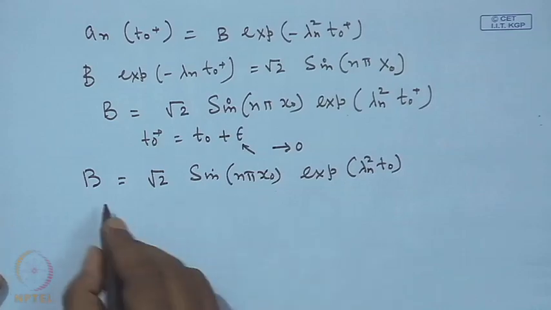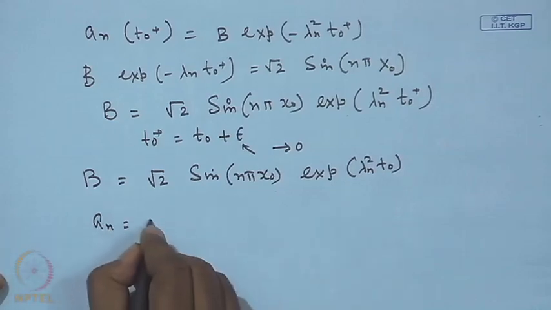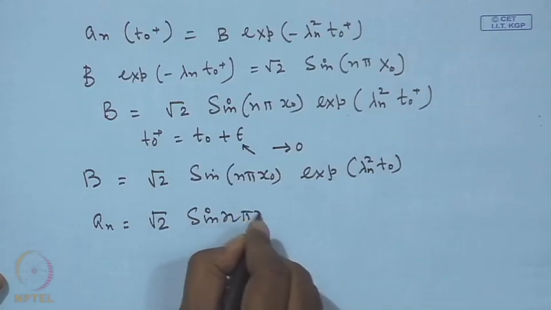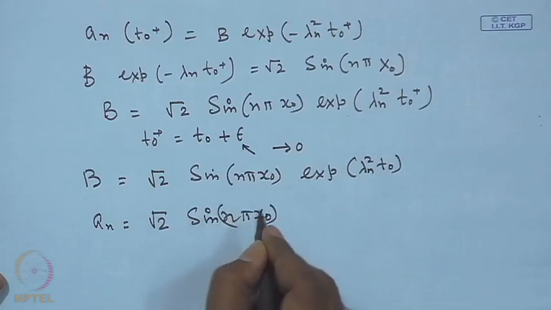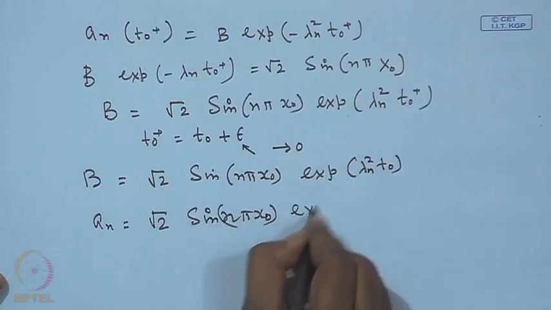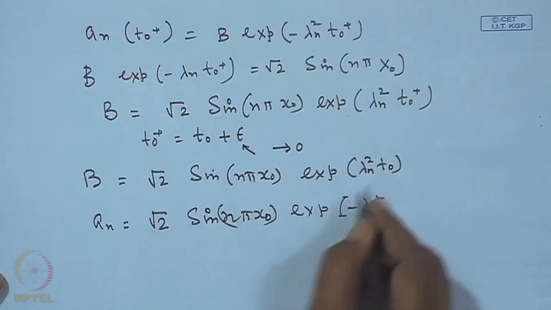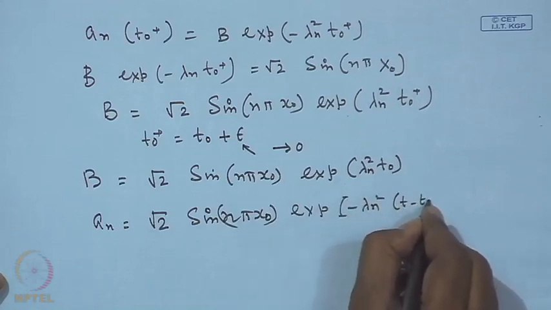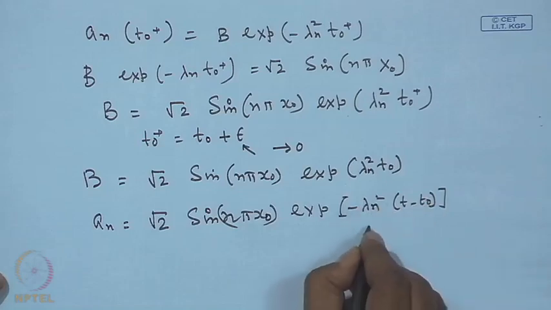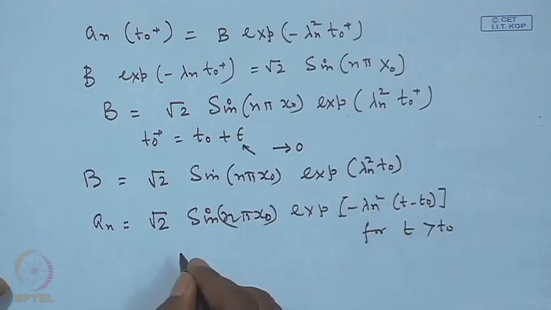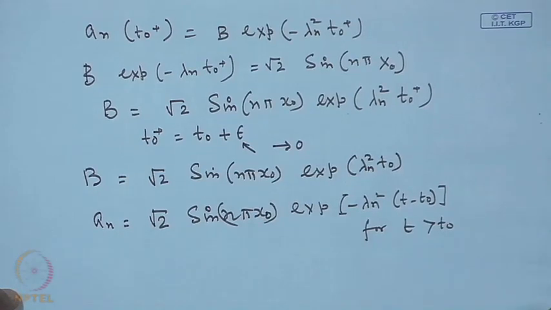So, A n will be nothing but root over 2 sin n pi x naught exponential minus lambda n square t minus t naught for t greater than t 0, and therefore, now we are in a position to write down the expression of Green's function.